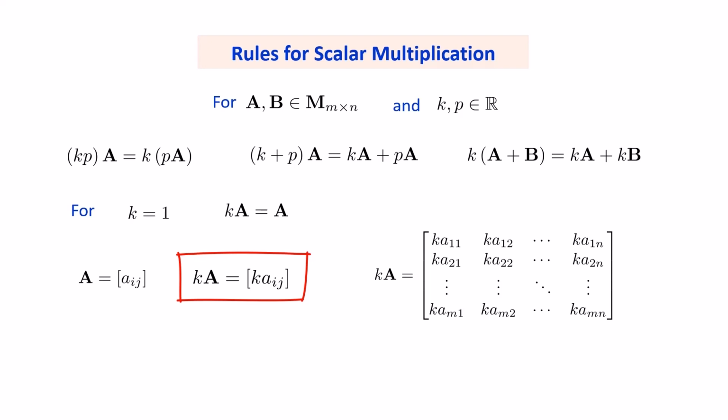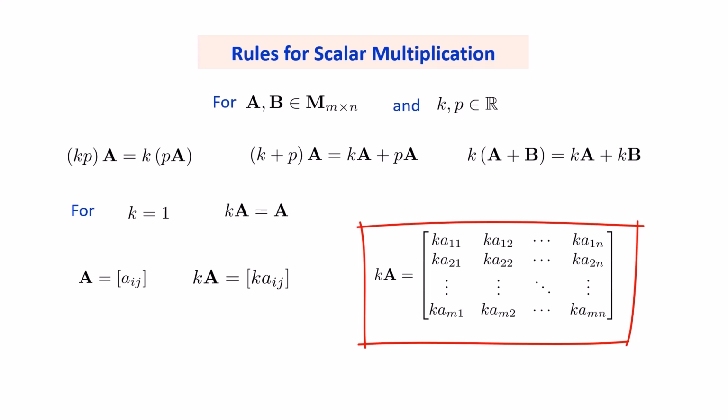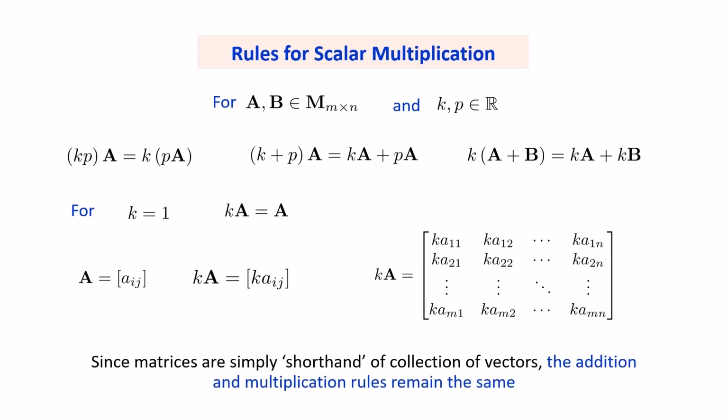That means all elements of the matrix A are multiplied by the same scalar K. We now see that the addition and scalar multiplication rules for matrices are remarkably similar to that of the vectors.